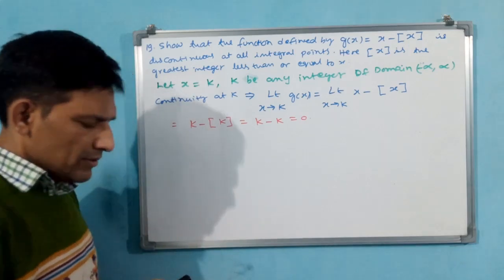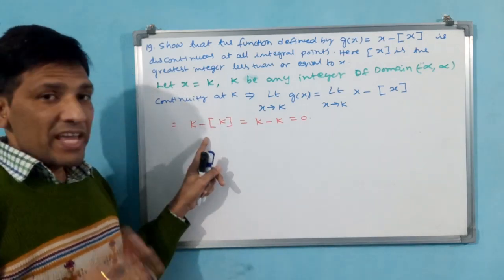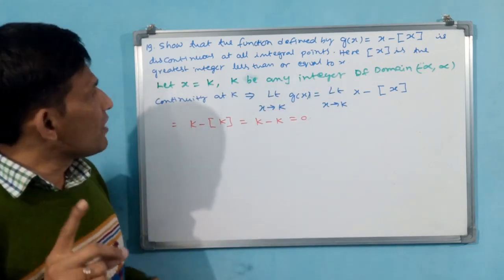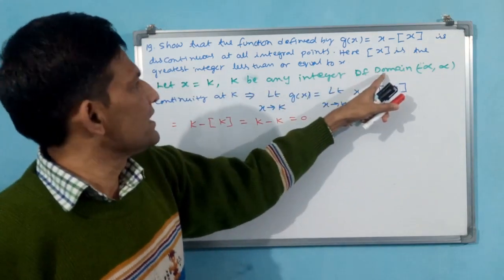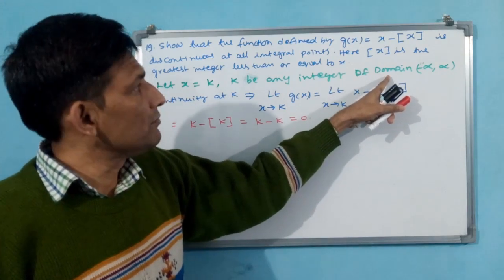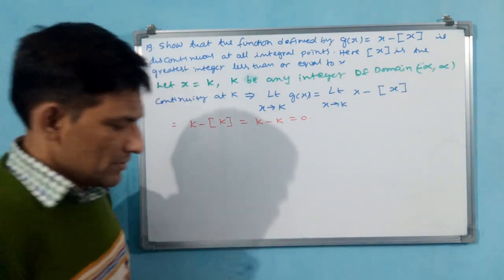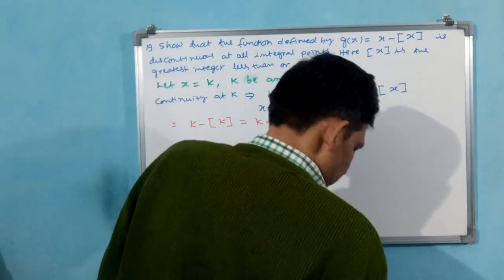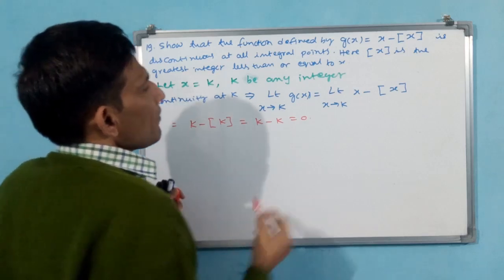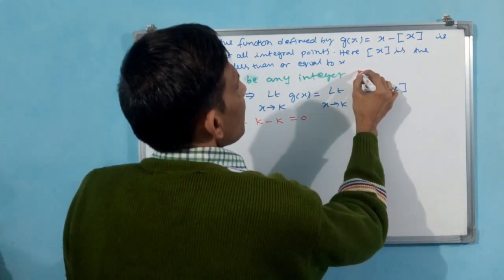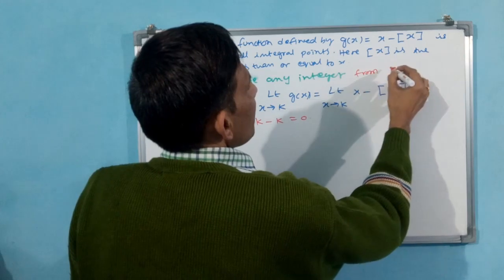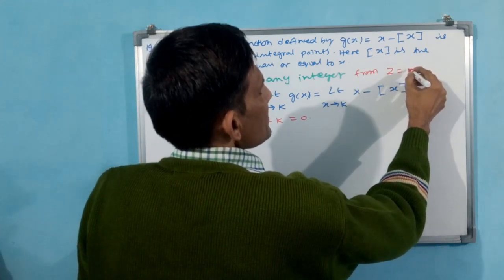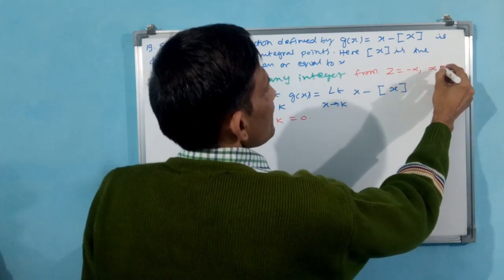Is it okay? First you see. Why? Because k is an integer, we have written already. Let k be any integer. Integer we have written. We have not written any real number. Or else we will write like this: k is any integer from Z, minus infinity to plus infinity.